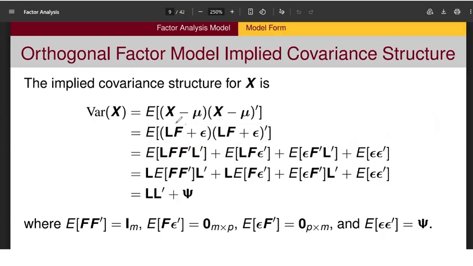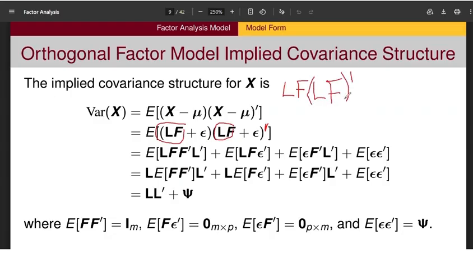I want to use LF here, right? To multiply the LF here, but the LF here is inside the transpose. You can see a transpose here. So it's going to be LF, LF, all transpose, right?